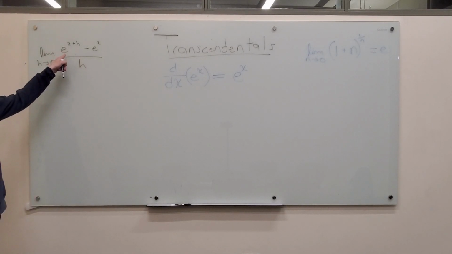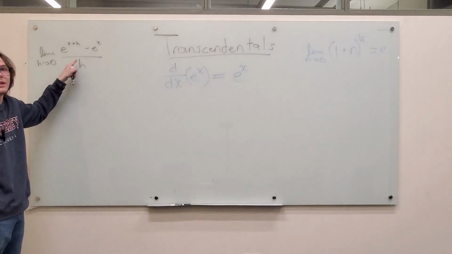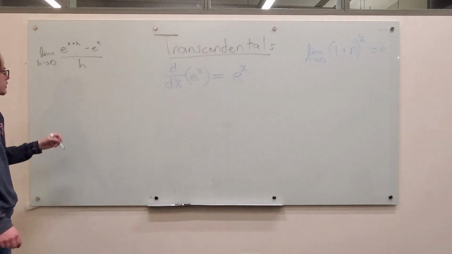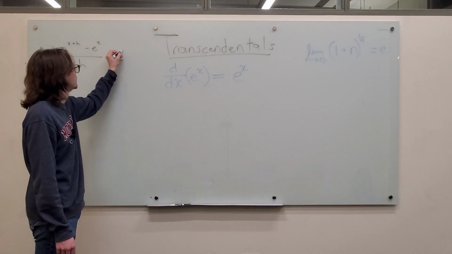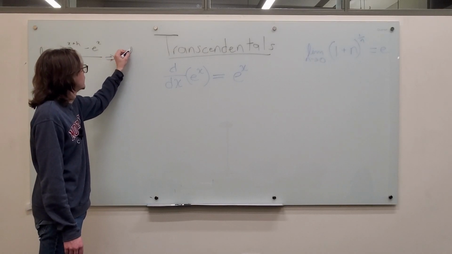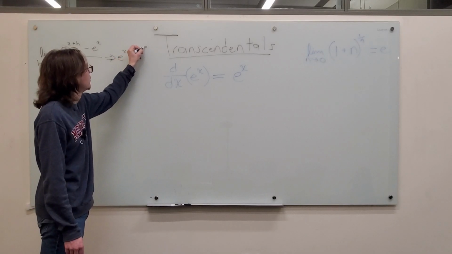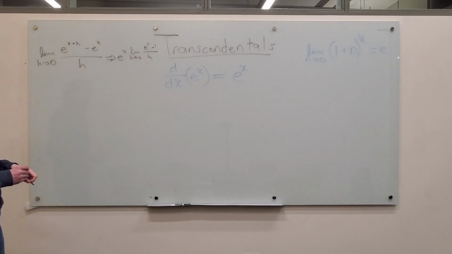Now, because of our properties of exponentials, this e to the x plus h is the same as e to the x times e to the h minus e to the x, which means we can pull an e to the x out to give us e to the x times the limit as h goes to 0 of e to the h minus 1 over h. Running out of space here. Sorry if that's a bit small.